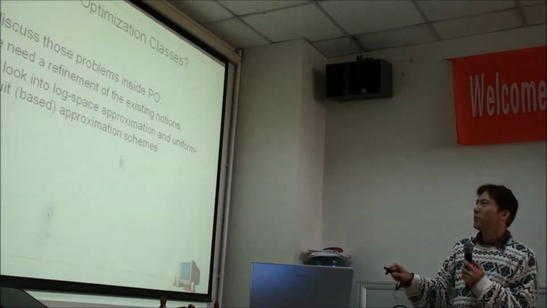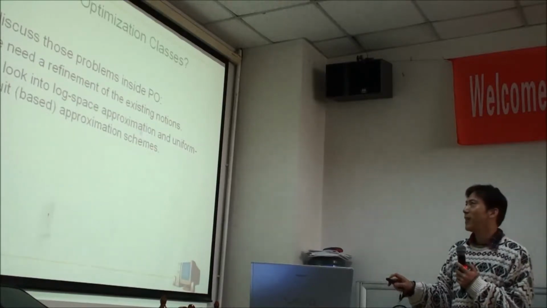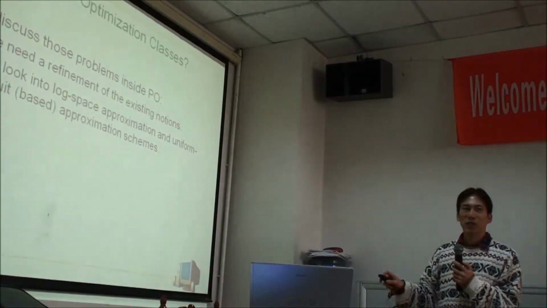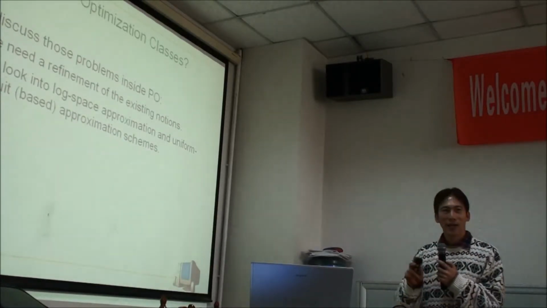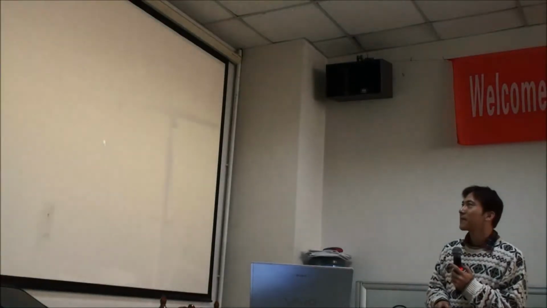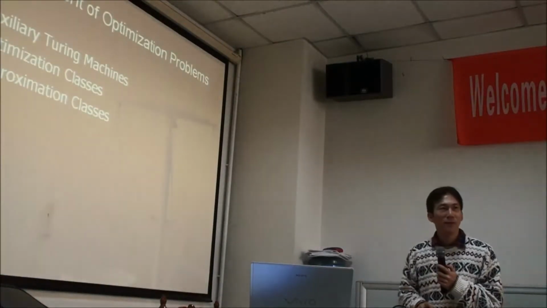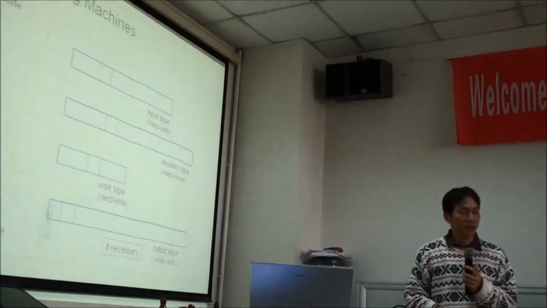Particularly, we are looking into the log space approximation, and also uniform circuits like AC0, NC1, and those very low-level circuit complexity classes. Now, we will give a formal definition of the refinement of the optimization classes.